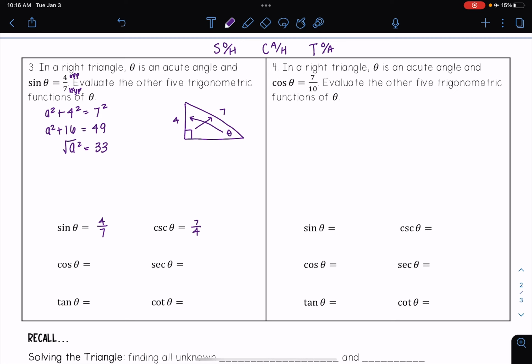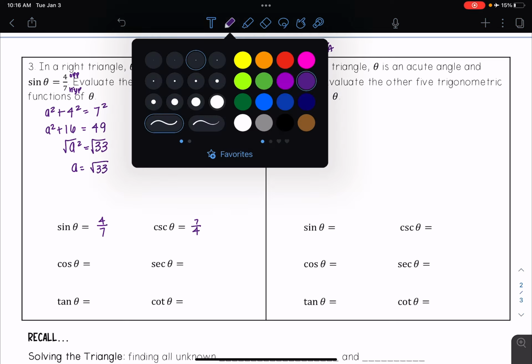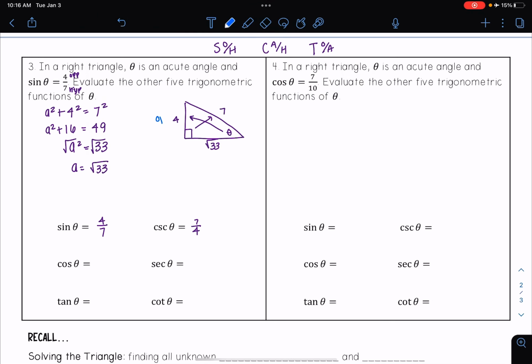Then I take the square root. I don't get a whole number, so I'm just going to leave this in radical form: the square root of 33. So 4 is my opposite side, 7 is my hypotenuse, and my adjacent is square root of 33.